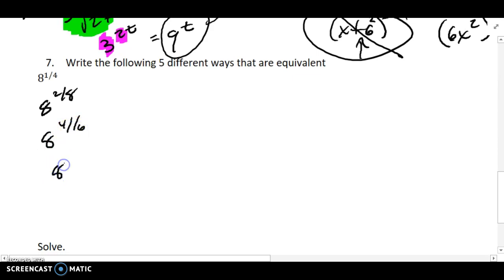What about 8, and then we have 1/2 to the 1/2? Isn't a half times a half a fourth? That's the same thing. What about 8 to the 1/4 to the 1? That's the same thing, right?